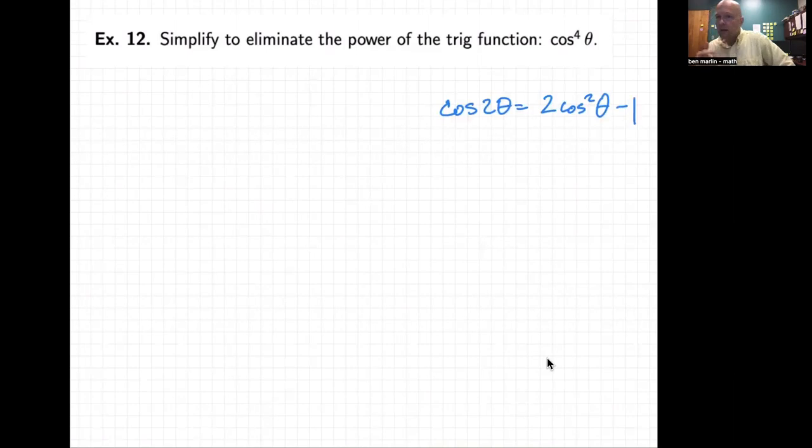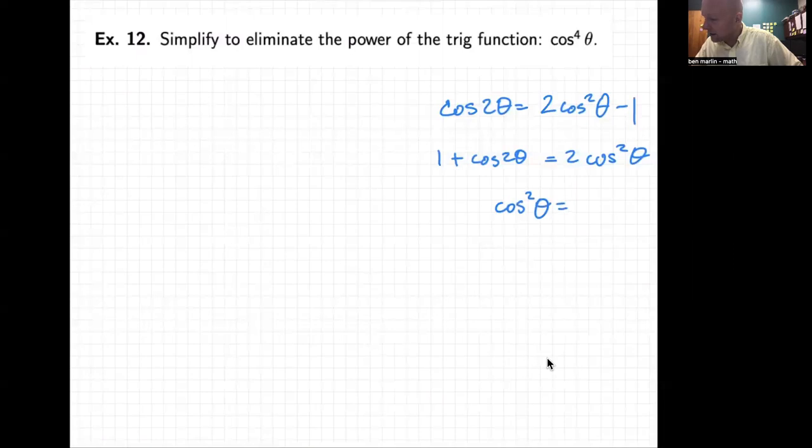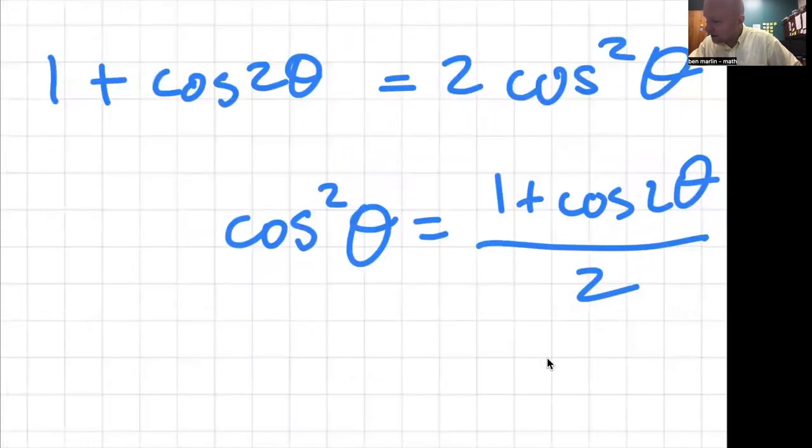If you add 1 to both sides, you have 1 plus cosine 2 theta equals 2 cosine squared theta. I hope it's clear that I can get cosine squared theta is equal to 1 plus cosine 2 theta, divided by 2. So my 2 doesn't look very good, so we'll patch it up.